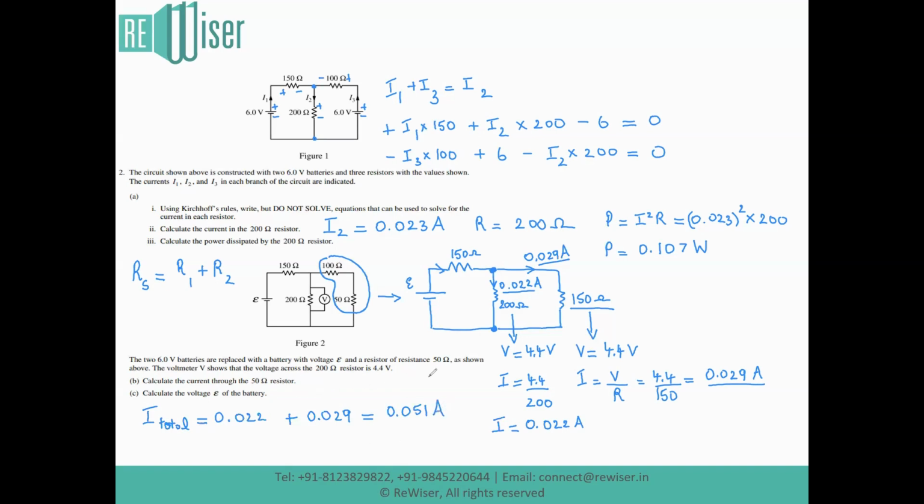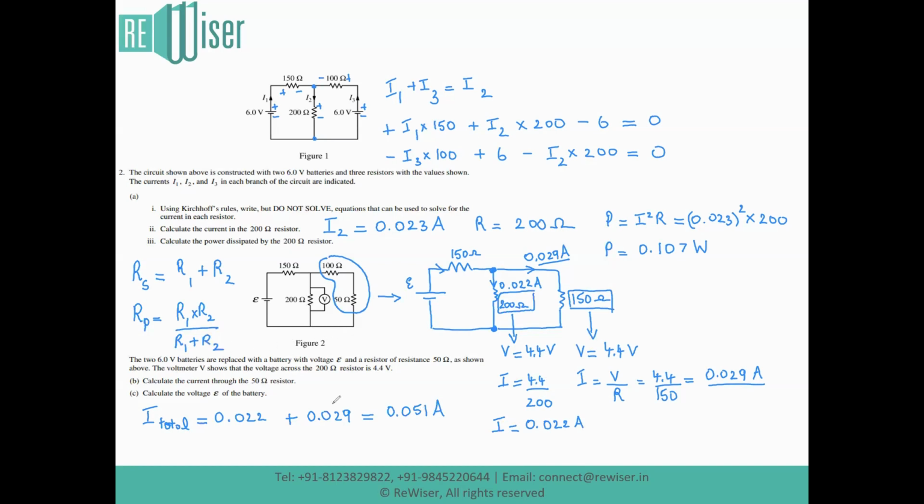The total resistance can also be found out. As we stated before, the 150 ohm resistor and the 200 ohm resistor appear to be in a parallel combination. So R parallel is given by the formula R parallel is equal to R1 times R2 divided by R1 plus R2.